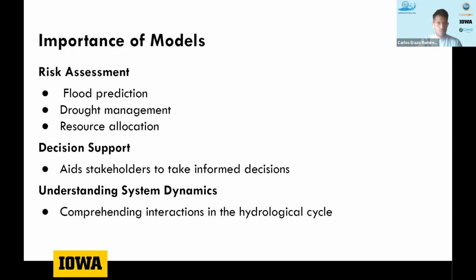So trying to make the decision makers and people who are considering, money-wise, what is the next step, have an informed decision. And of course, understanding the system dynamics, comprehending the interactions within not only the hydrological cycle but atmospheric cycles, all these different processes.